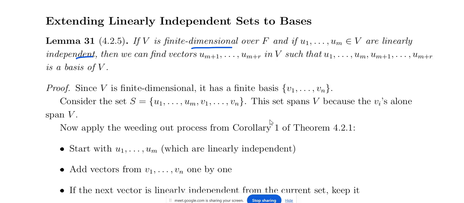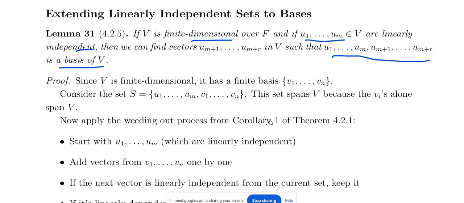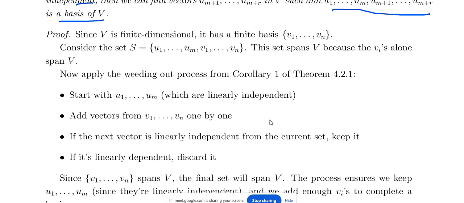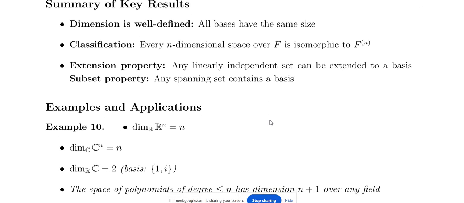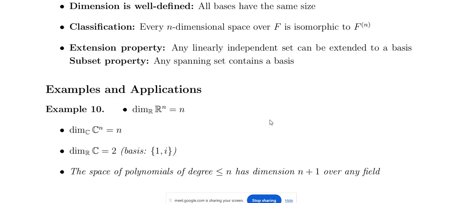Then we can find vectors um+1, um+2, ..., um+r in V such that the collection u1, u2, ..., um, um+1, ..., um+r is a basis of V. Remember, this is the extension property: any linearly independent set can be extended to a basis.